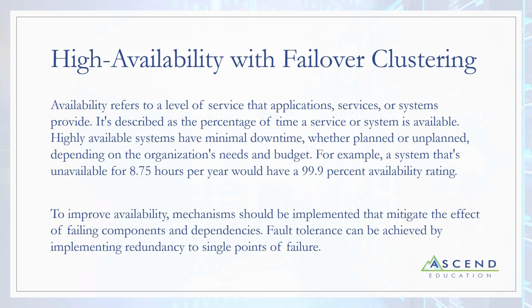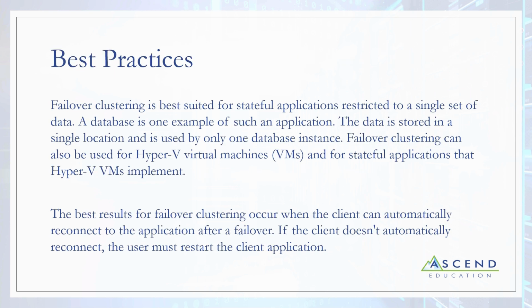And you can see here that availability refers to a level of service. A lot of times when we provide service to a client, we'll say that you're going to get a certain level of service, a certain response time, a service level agreement. Clustering has the same kind of thing. What Microsoft is saying is that you're going to get better than 99% availability, and that's what you can tell your customers that are connecting to those services.